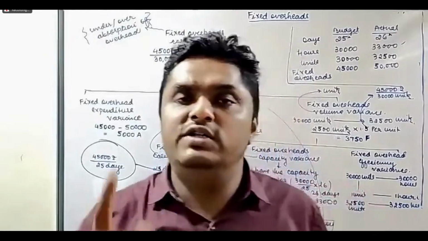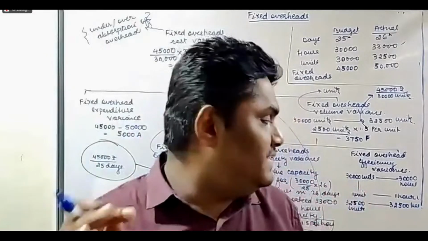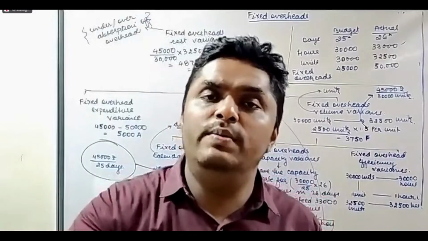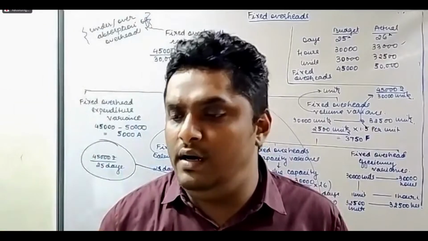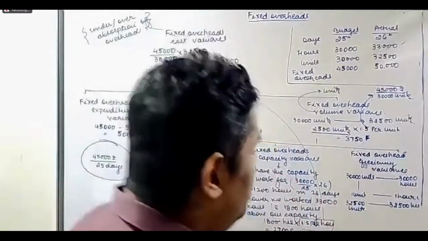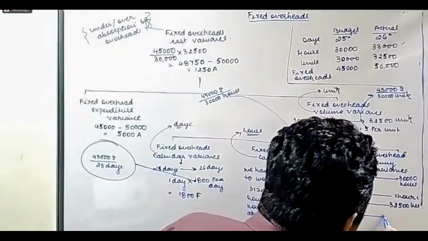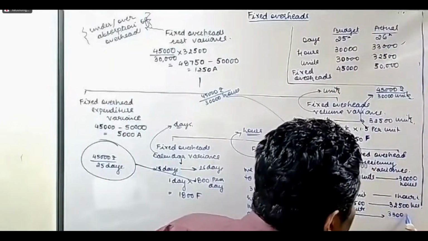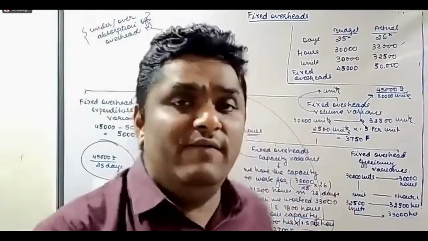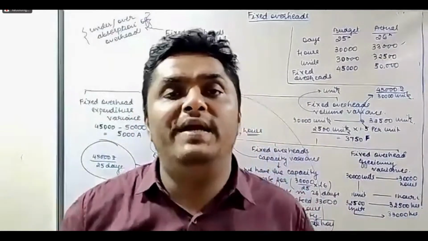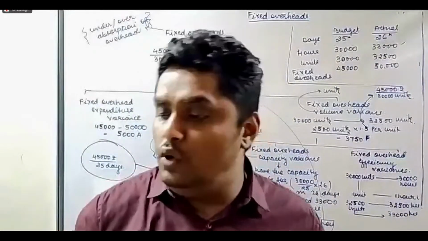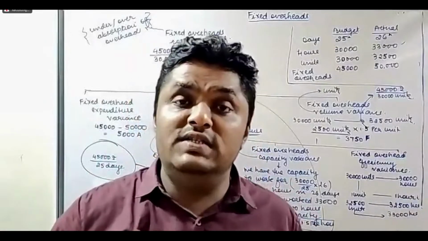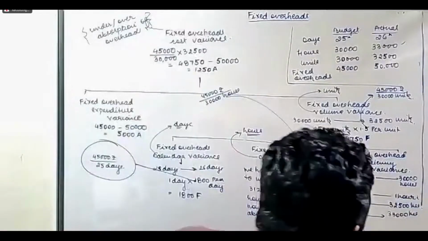Since every unit should take maximum 1 hour, 32,500 units should be manufactured in 32,500 hours. However, to manufacture these 32,500 units, we actually took 33,000 hours. So the work was supposed to be completed in 32,500 hours only. However, we took 33,000 hours, that is 500 hours extra.